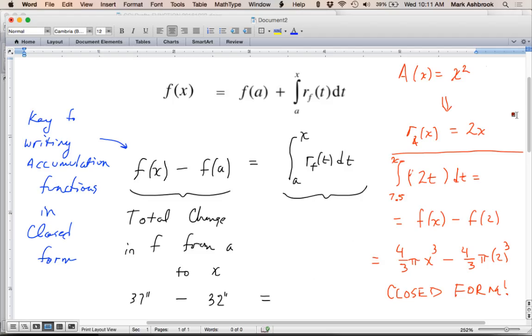So I'll erase all this stuff here, and you're going to do it now. So I want you to write the integral from 7.5 to x of 2t dt. Write it in closed form.